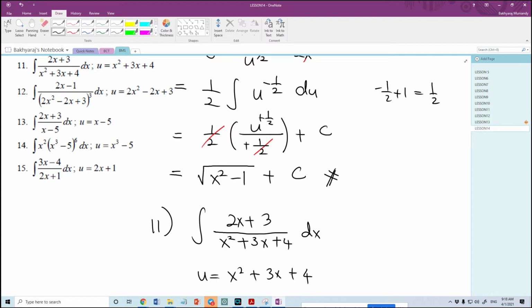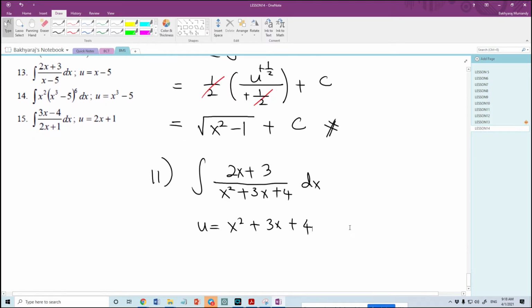Okay, so next is what? Next we differentiate. So du dx will be equal, okay, correct, 2x plus 3. Very good.